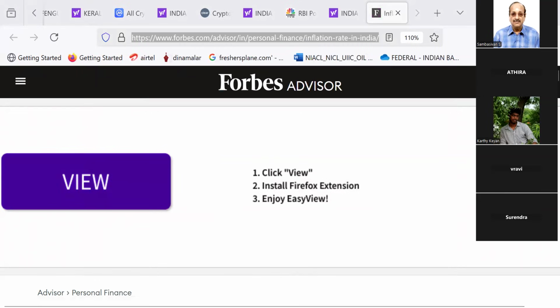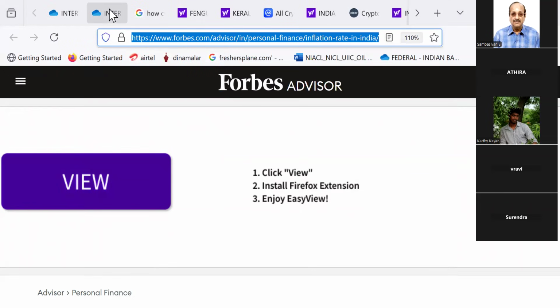I am giving a link in our newspaper group. I have given you in newspaper 2 group. You can see from there. Good. Now, what are we doing? We are reading this one.